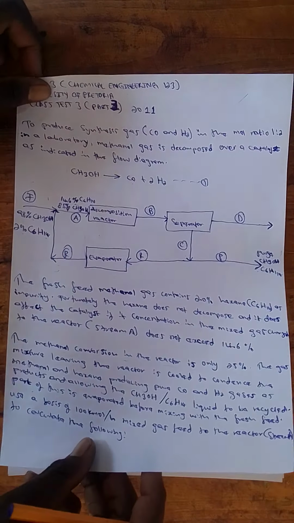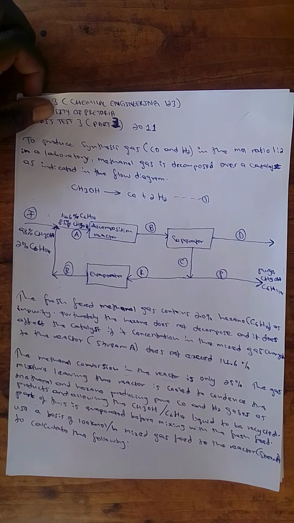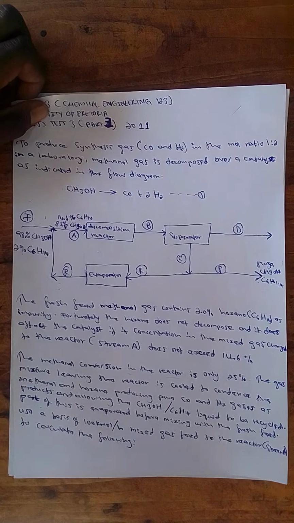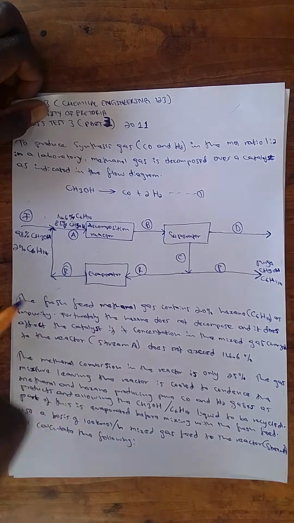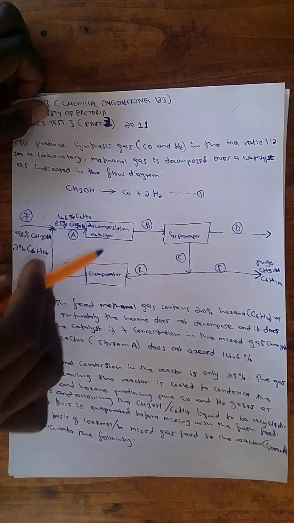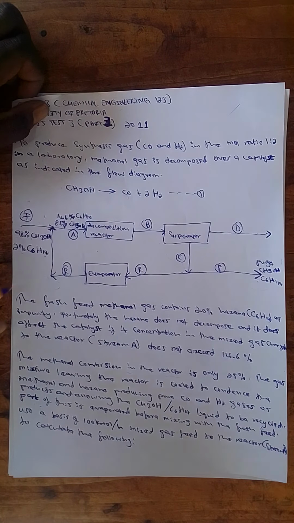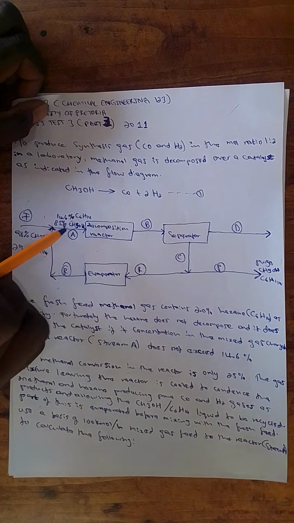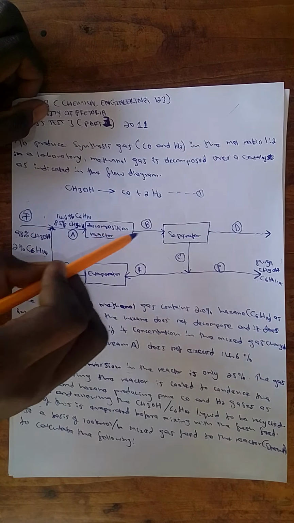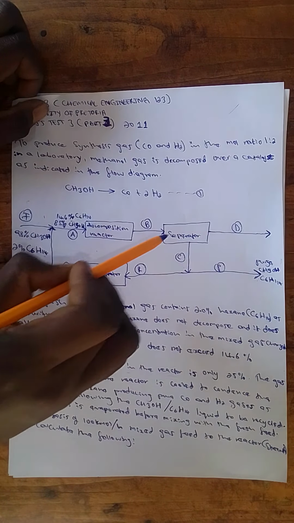Now, if we're going to calculate the methanol conversion in the process, it's important that we understand that there's a difference between the methanol conversion in the process and the methanol conversion in the reactor. Earlier, we looked at the methanol conversion in the reactor, which depends on stream A, which comes into the reactor, and stream B, which leaves the reactor.